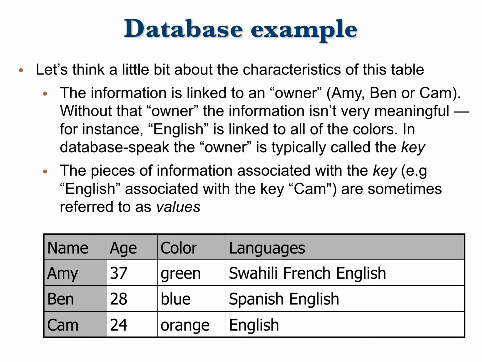The keys color and Amy have associated value green. The important thing about the key is it's a unique piece of anything really, a unique word, a unique name, a unique something to which you can tie the information. And importantly, it has to be unique. And in this table, Amy, for instance, is unique, whereas English is not.